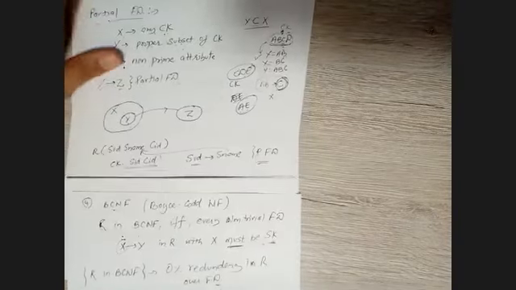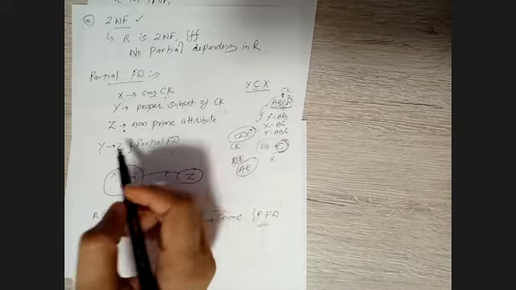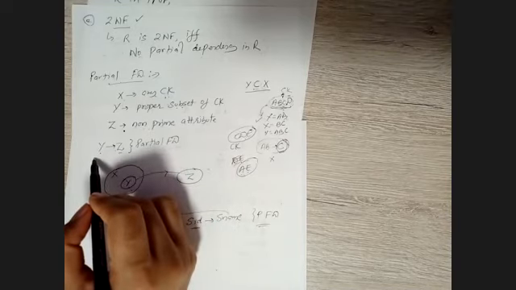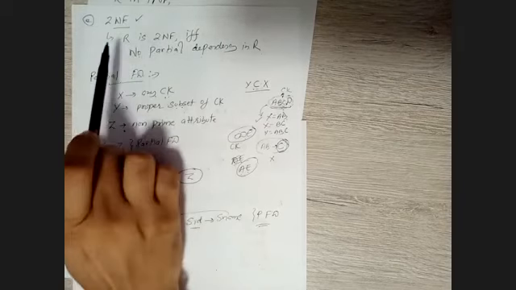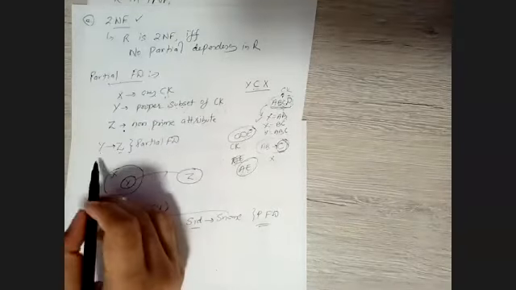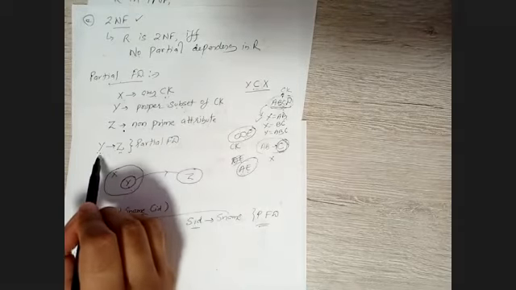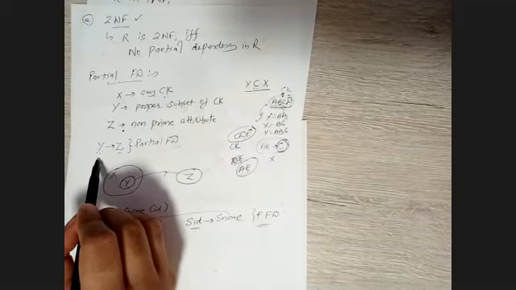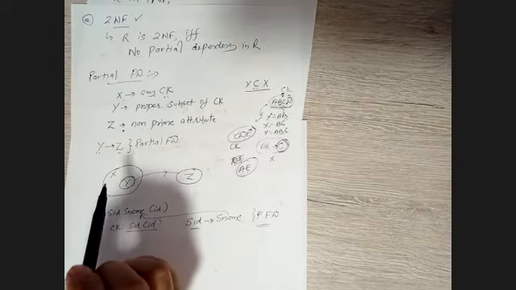This is a conceptual mistake that most students make. In partial functional dependencies, any scenario other than this part is in 2NF. Understand? Y should be a proper subset of the candidate key. If Y is not a proper subset of the candidate key, whatever Z is, this is in 2NF.